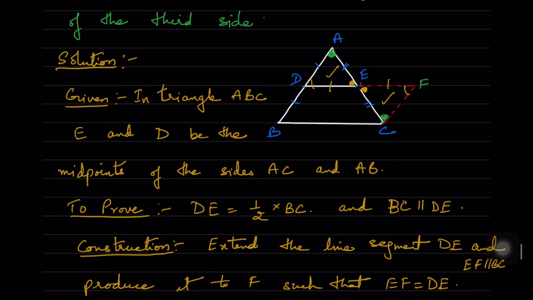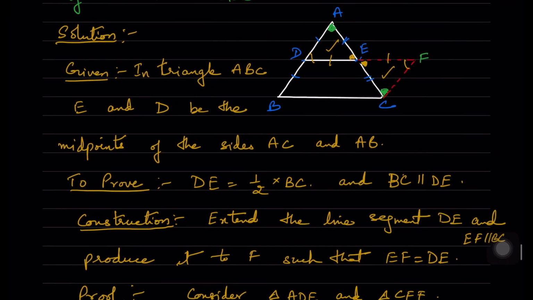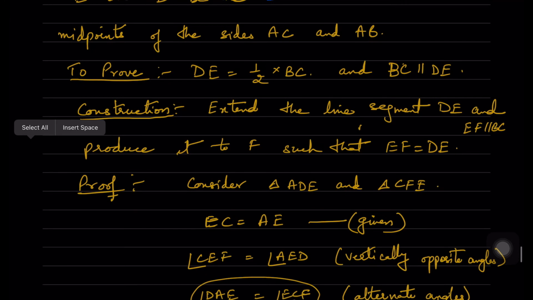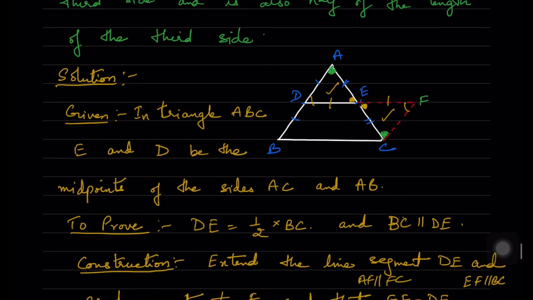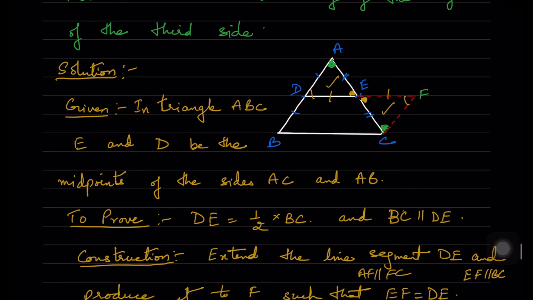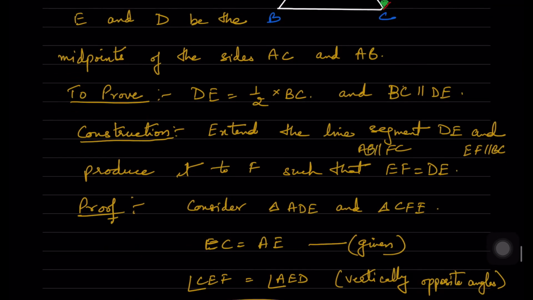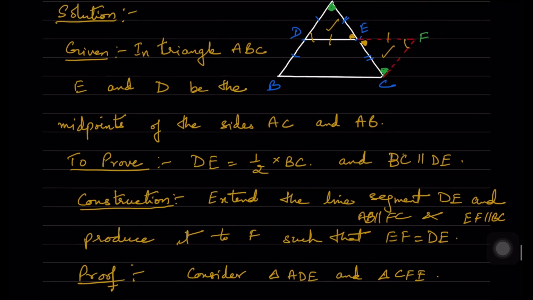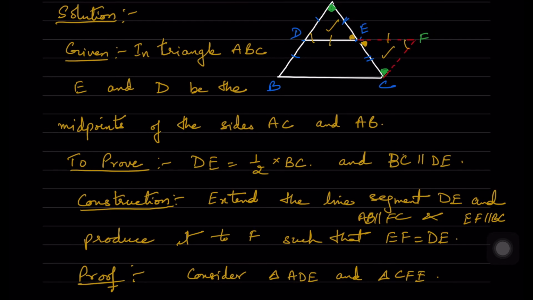Then you can take that AB is parallel to FC. I'm sorry, AB is parallel to FC. In the construction part, if we do this, then we can write down these alternate angles, and since E is the midpoint of DF, we have written that DE is equal to EF.